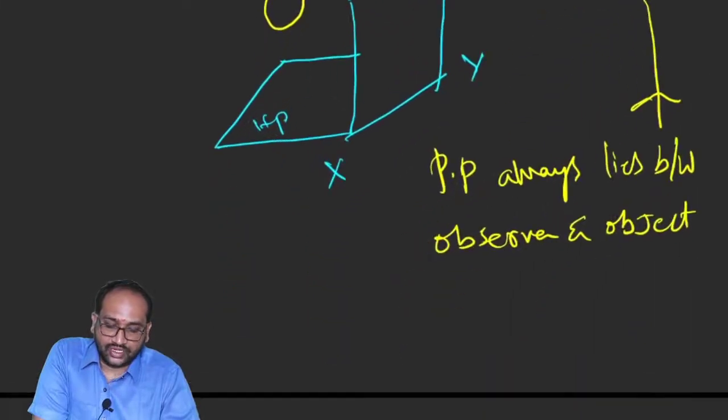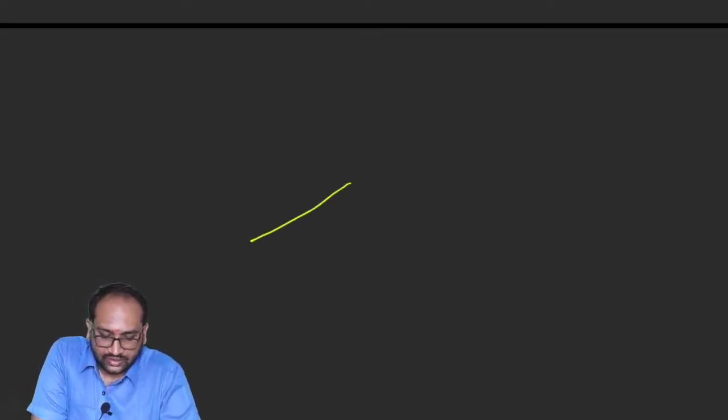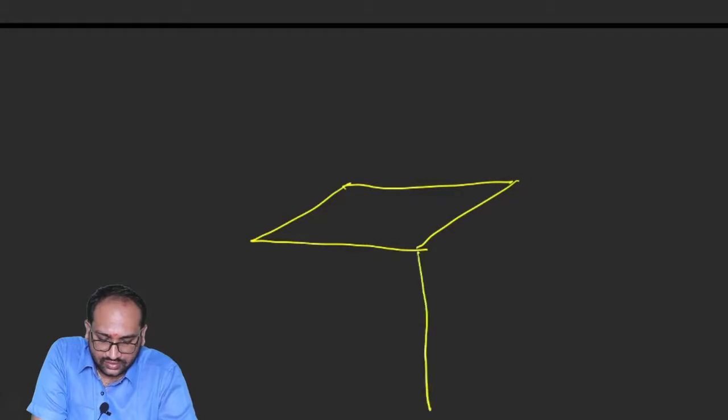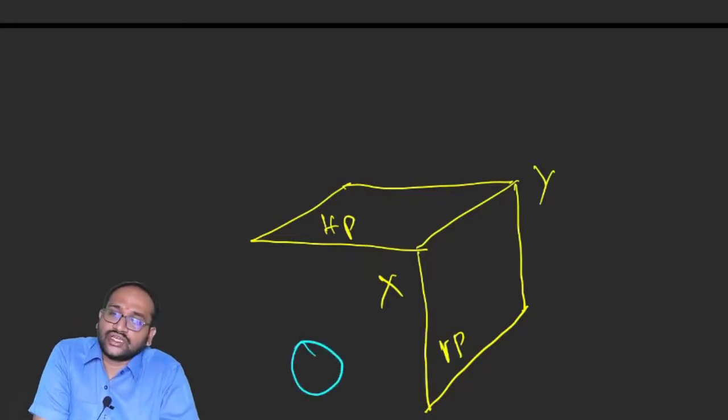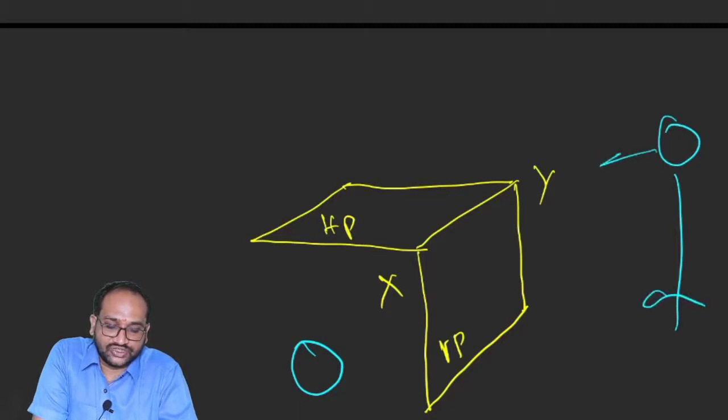Now coming to third angle projection principle. This is third quadrant, XY reference line, VP, HP. If the object is placed in third quadrant, it is known as third angle projection, and observer always sees the object in this direction.